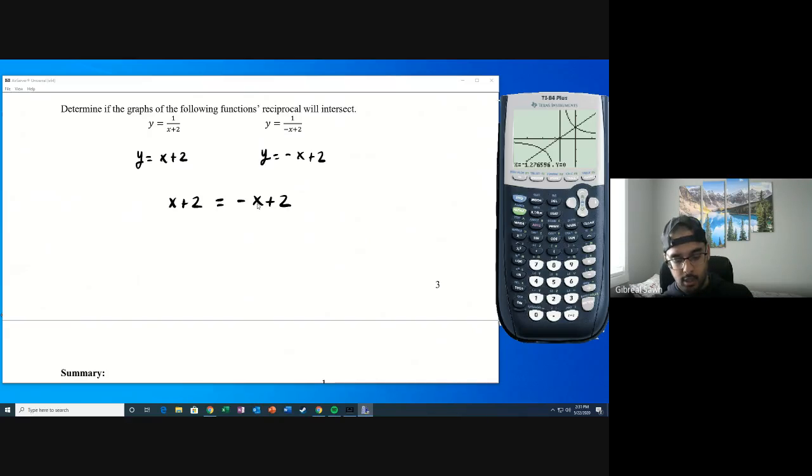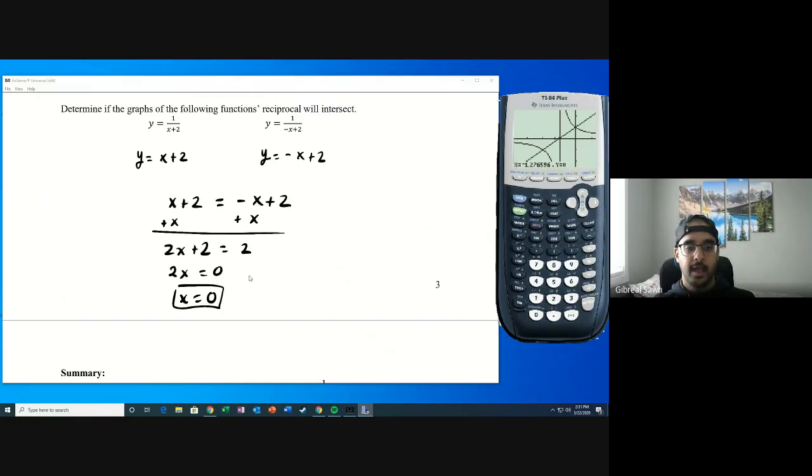So collecting like terms, if I add an x to both sides, that means that 2x plus 2 is equal to 2. If you minus 2 from the left, that means 2x is equal to 0, so x is equal to 0. So by finding that, we now know that there's an x value where these two are equal. We can go find the corresponding y value as well.